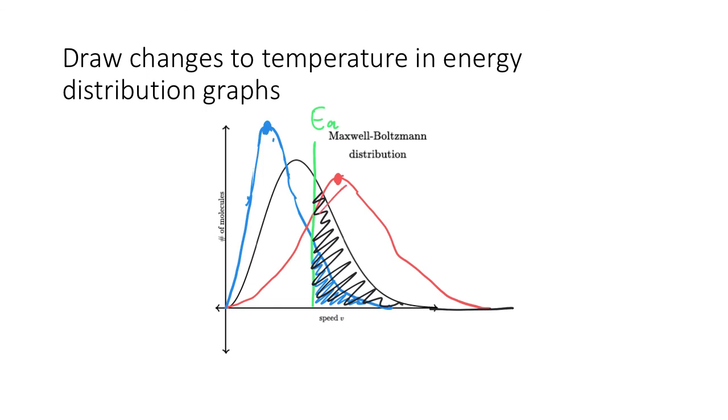And for the red one, we have quite a large proportion of particles with sufficient energy. That's a proportion of the total amount. So that's how you would draw it. Keep the activation energy in the same place and draw it with different peaks, higher and lower, to show that it's at different temperatures, and then show the proportion of particles with sufficient energy. And that's that for changes in temperature.